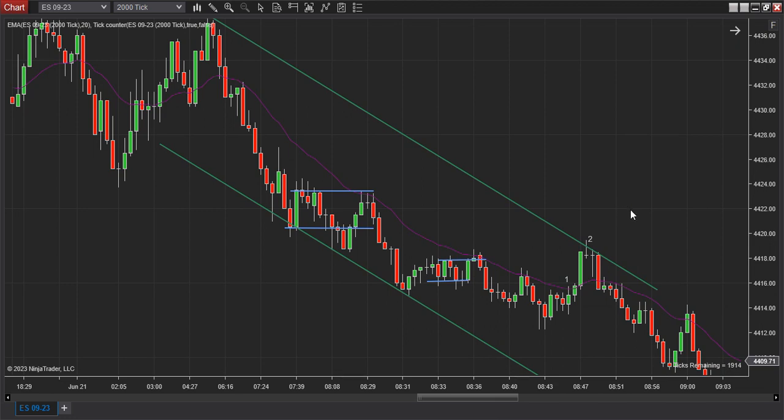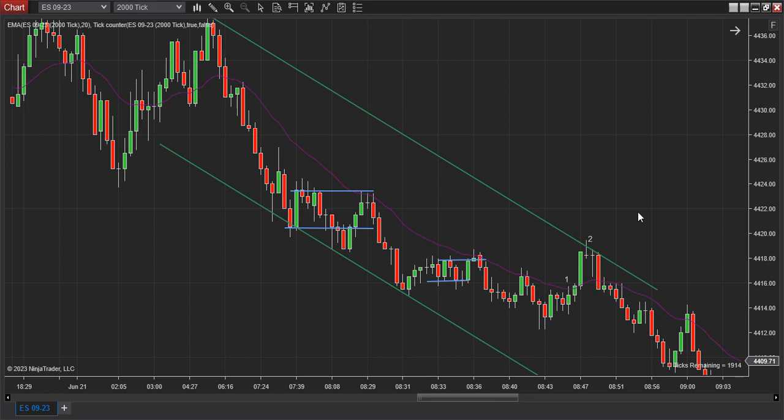Now what do we want to look for in these channels? We want to look for second entries. Now by drawing the channel and finding it, we have effectively found a key entry point. This is a place where we can find that there's likely to be a set of buyers or a set of sellers. And it's likely to be a fair bit of them in any location.